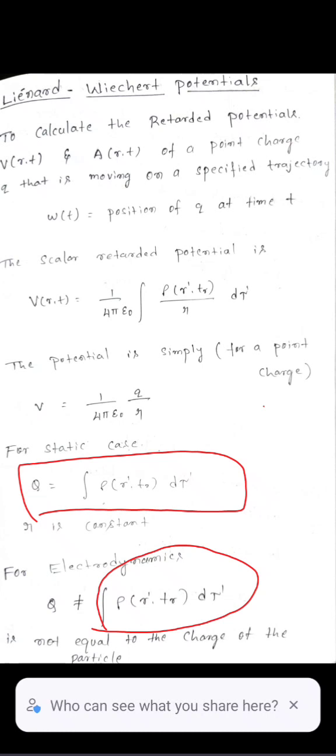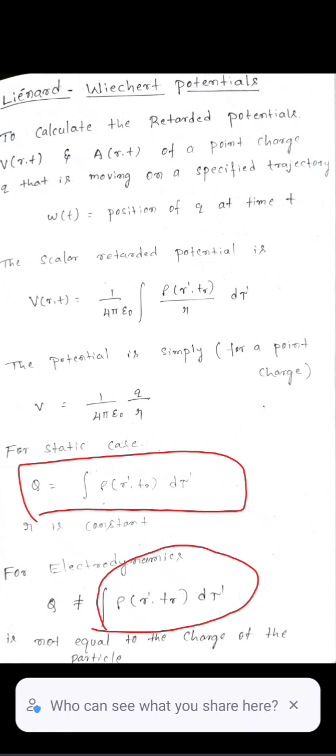In Maxwell's electrodynamics, we have four equations: Gauss's law, Faraday's law, Ampere's law, and divergence of B is equal to 0. All these equations are made up of charge densities and current densities. So in electrodynamics we can calculate the electric field and magnetic field due to these densities.